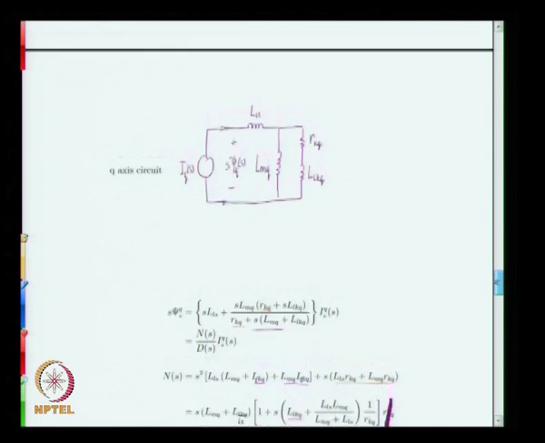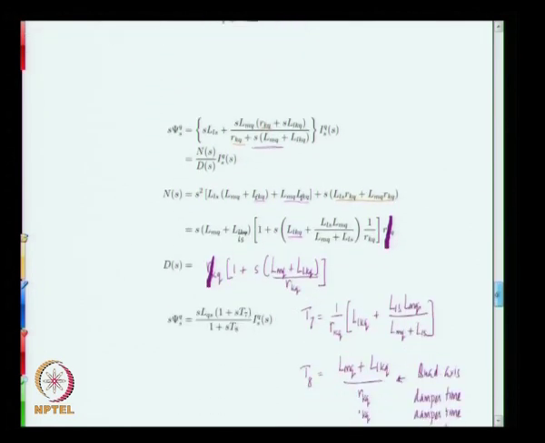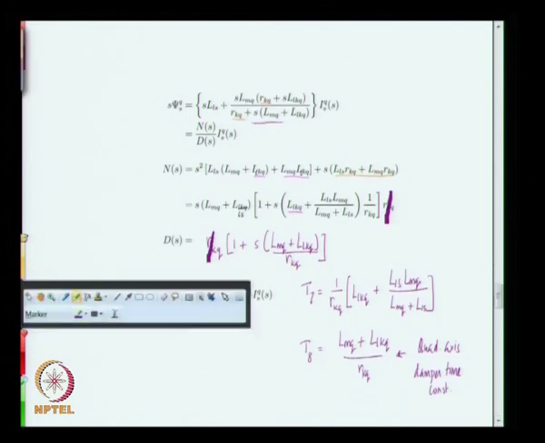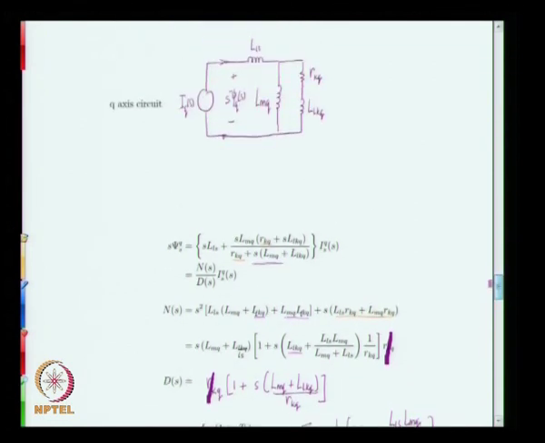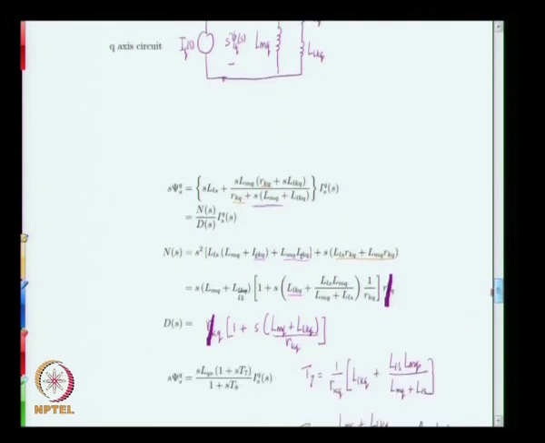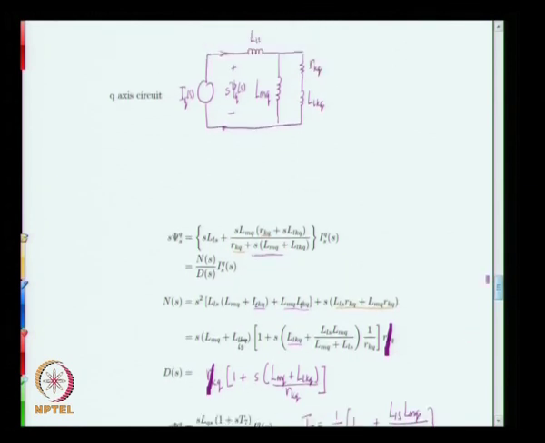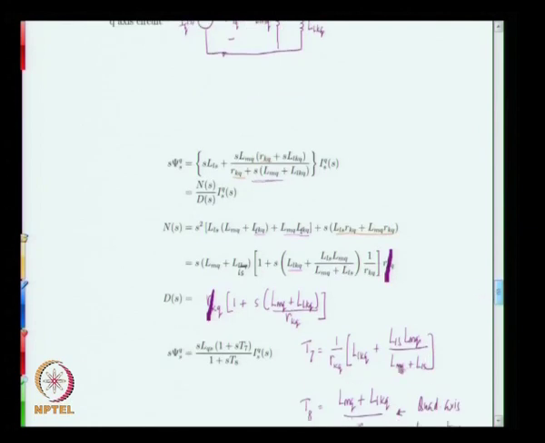And then we went to the Q axis equivalent circuit, where we derived simplified expressions consisting of one term T7 and T8. T7 you can see is LLKQ, so that can also be arrived at by saying that you short these two terminals, then across RKQ the inductance that is seen is LLKQ plus the combination of these two coming across each other, which is this term. So here again the numerator term T7 can be arrived at by considering that the stator is short circuited.